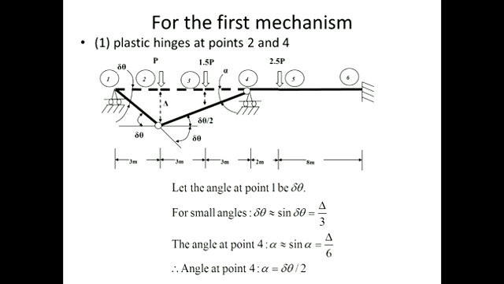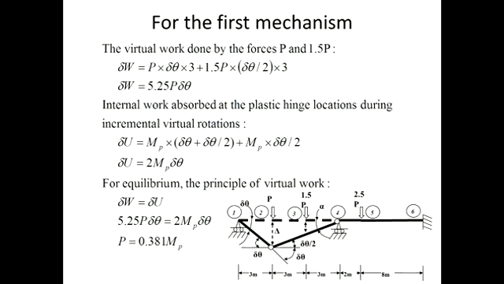If we look at the different plastic hinges which are formed, and also the loads which are applied, then we can have the work done by the external loads, and also the internal work which is absorbed by the plastic hinges.